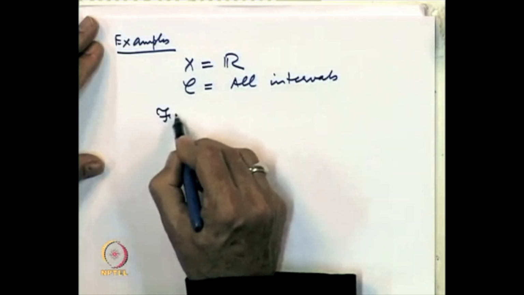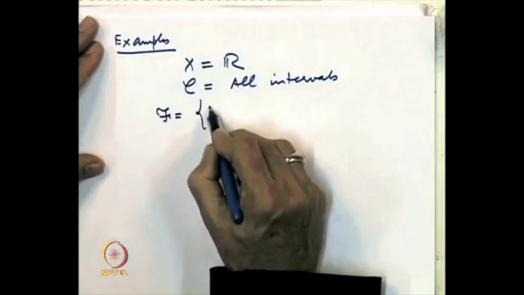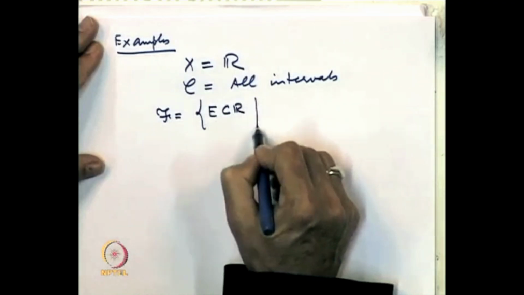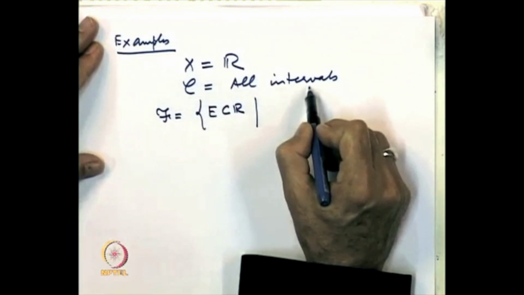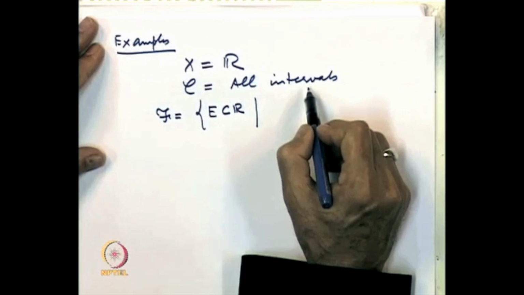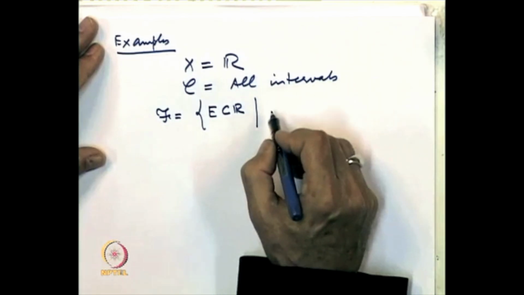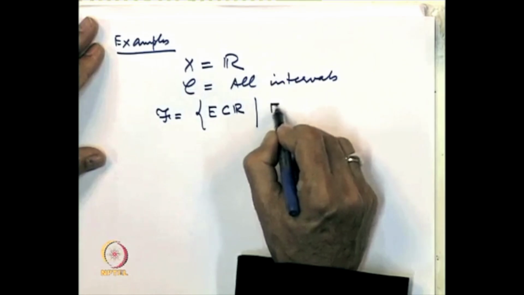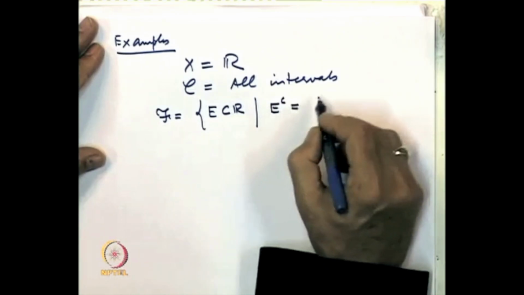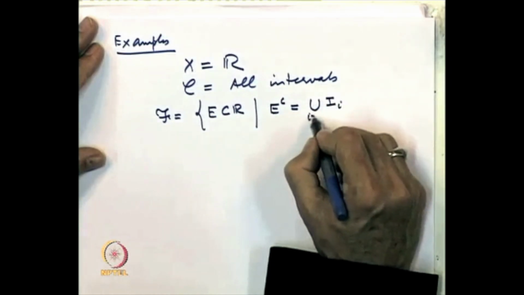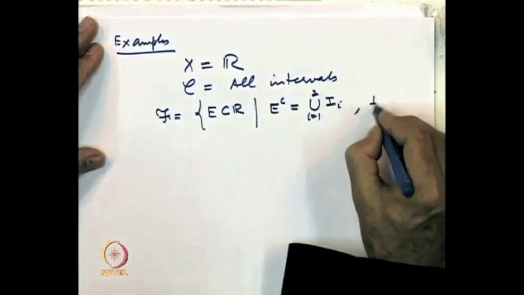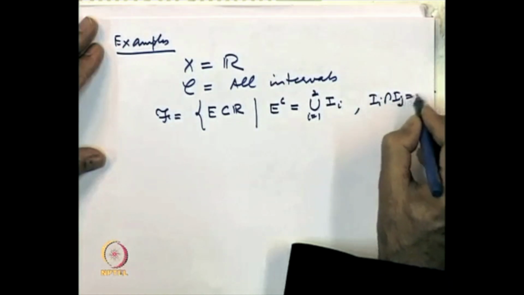Let us write F to be the collection of all subsets E of the real line such that, look at this, the collection of all intervals was not an algebra, because the complement of an interval need not be an interval, but it looked like a union of two disjoint intervals. So let us write E such that E complement is equal to a union of intervals I_i, i equal to 1 to 2, where I_i intersection I_j is equal to empty.